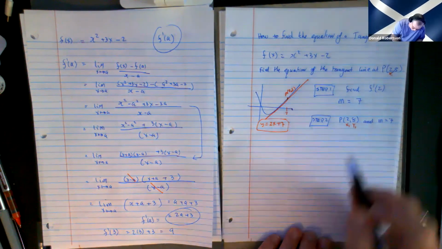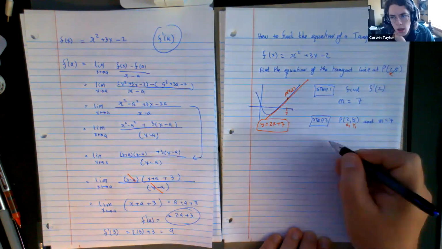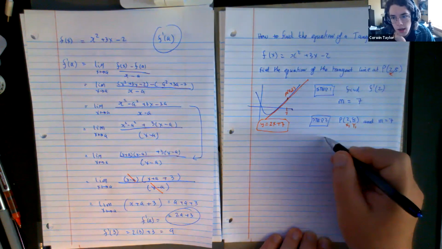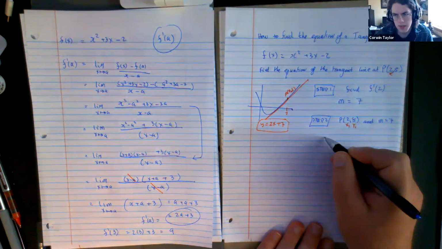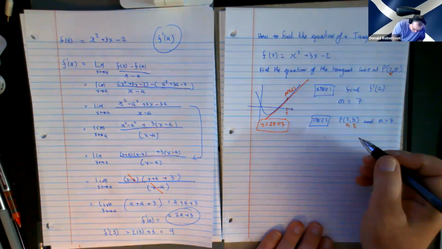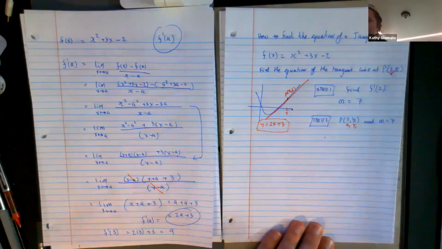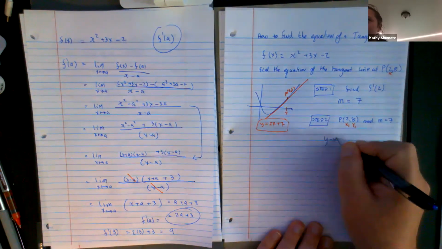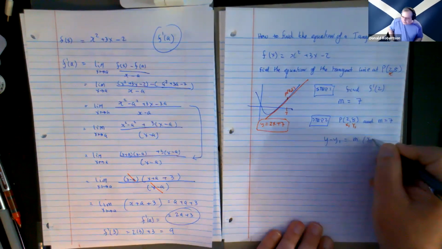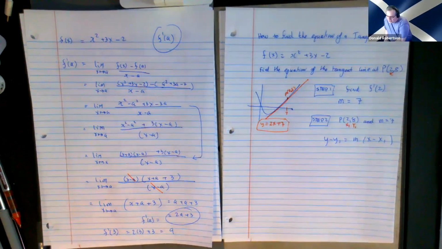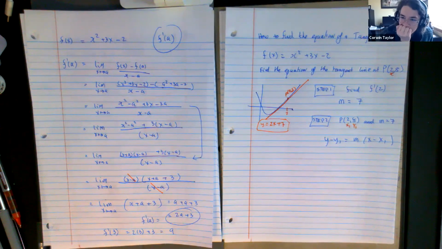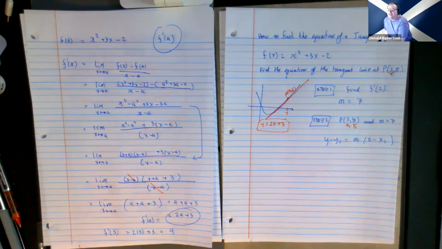Then it would be y minus y1 equals m times x minus x1? Perfect, that's what I was asking for. The formula that you use to find the equation of the line. Was that you, Kathy, that did that?